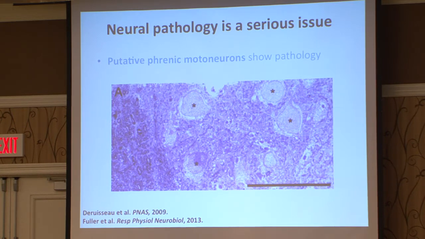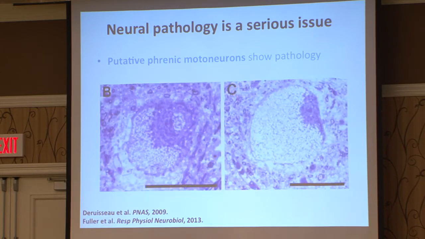This is an example of the intersection between the white matter and the gray matter in the phrenic motor nucleus area of the spinal cord of an 18-month-old with Pompe disease. And we can see myelinated axons off to the corner here. And then these large little starred areas, those are phrenic nuclei.